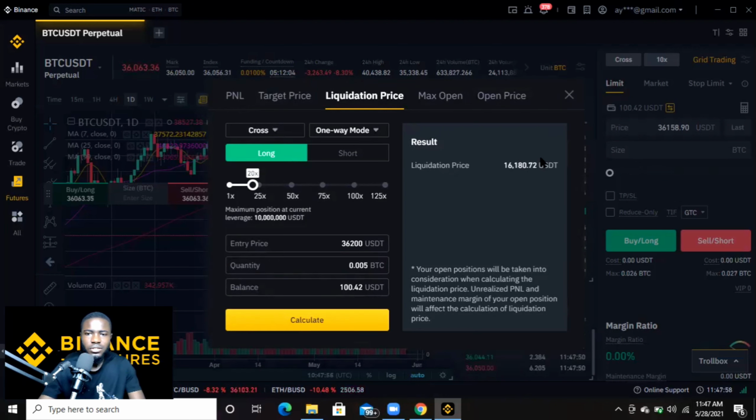So you can see my liquidation price is 16,180. Oh, I forgot. I always forget to change the leverage, because leverage is also very important, right? But the liquidation price is $16,180 per BTC, right?